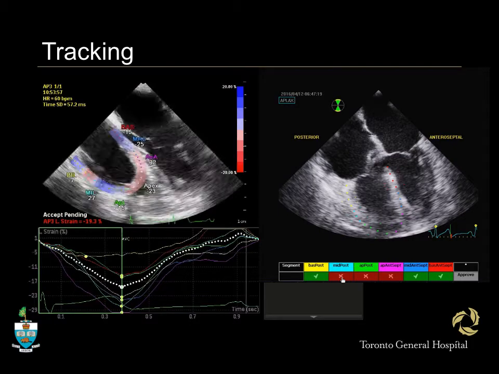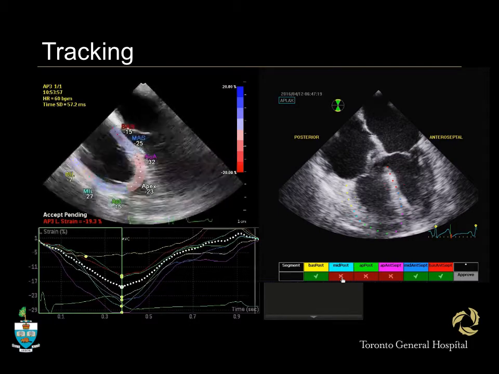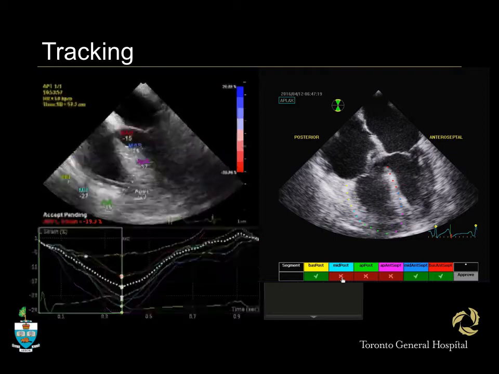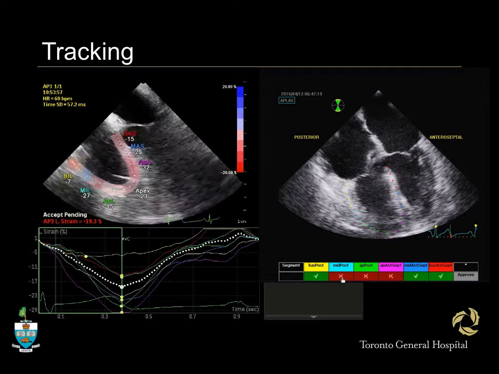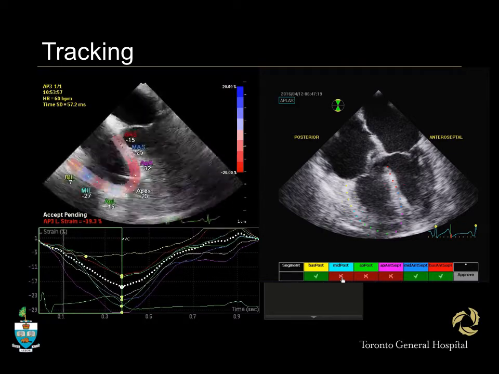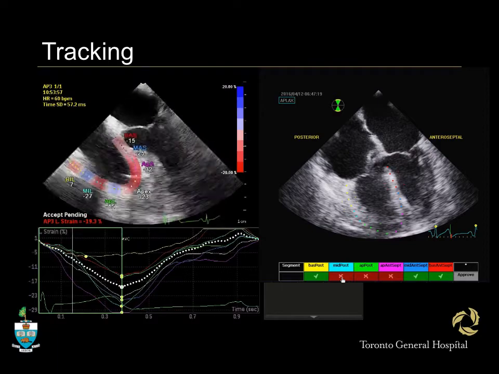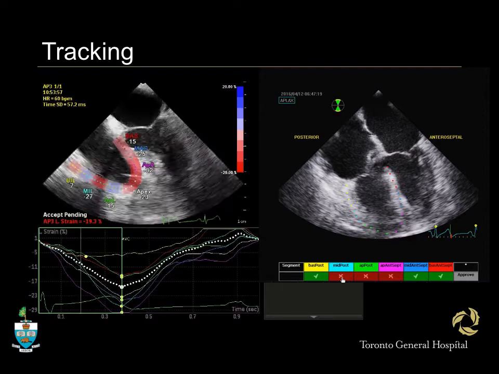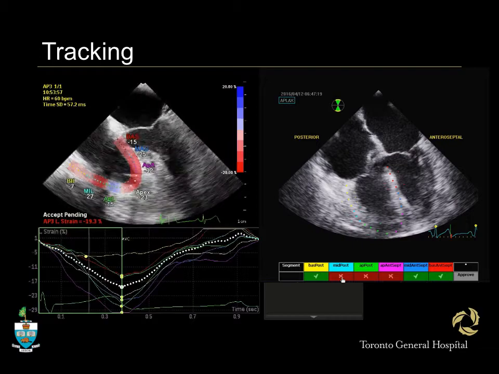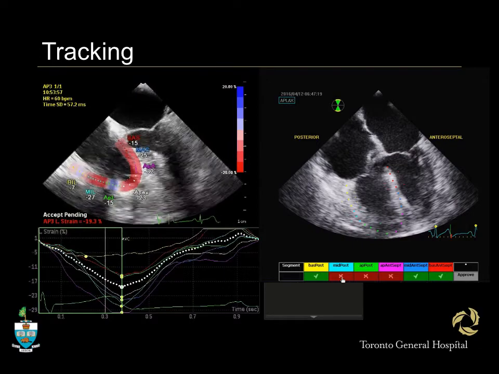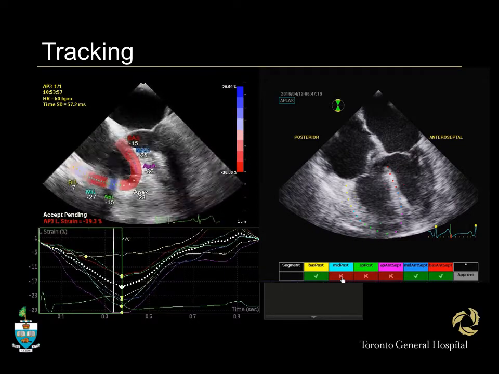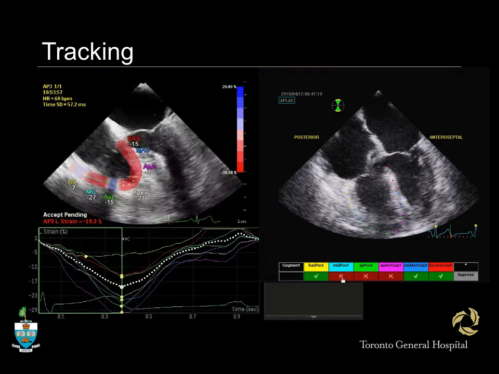So what can you do? You can try to adjust the dots to make the region of interest wider or smaller until you get all green check marks. Some of my colleagues give up before you actually get all green. And sometimes, for as much as you try, you never get all green.